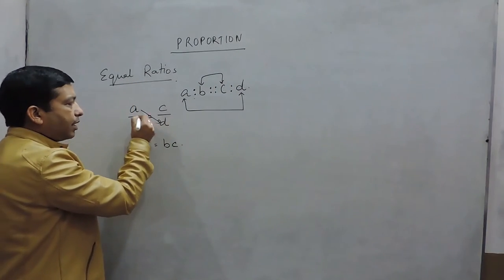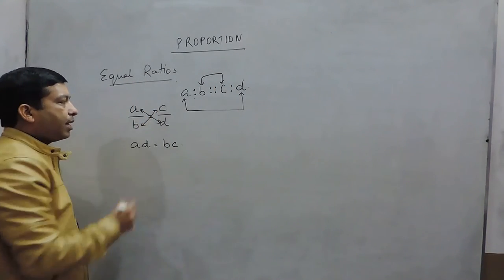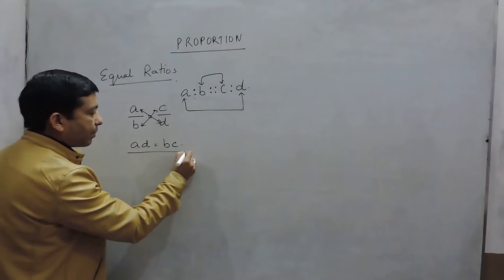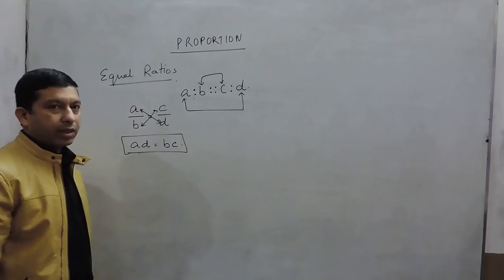If we cross multiply, we also come out with the same, that A multiplied by D is equal to B multiplied by C. So this is basically the meaning of proportion.